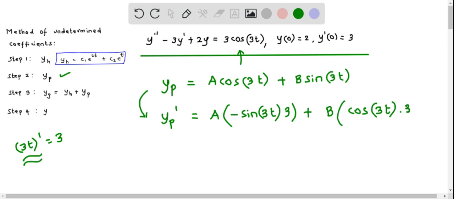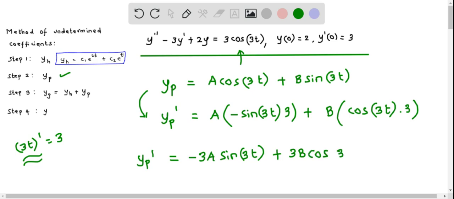Let's simplify. So yp prime equals 3 times negative times a, so the product of these three is negative 3a times sine of 3t, plus b times 3, which is 3b cosine of 3t.